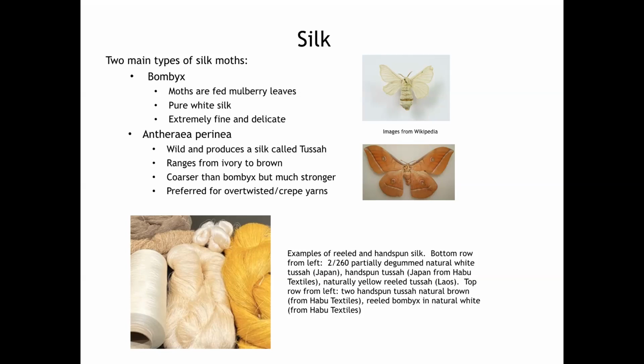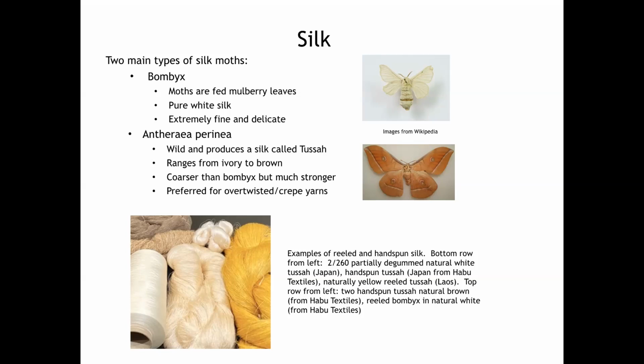And Tassa silk comes from a variety of different moths. The most common one is Antheraea perninyi, and they are wild, so they're not raised in captivity, so to speak. And they produce a silk that ranges from ivory to brown.